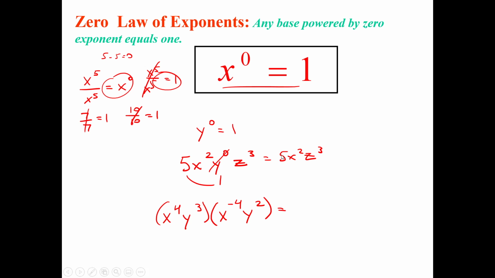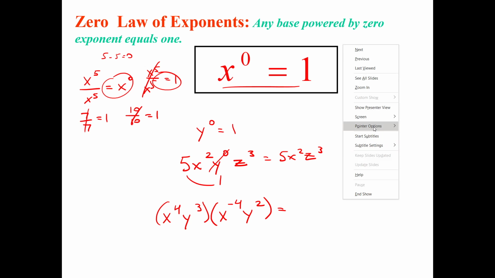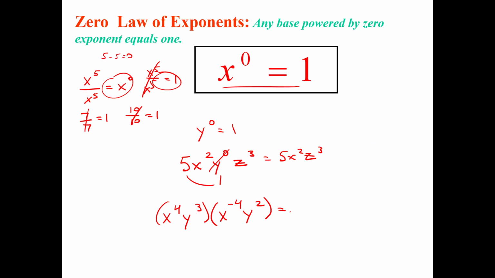That's going to give me x to the 0, because 4 plus negative 4 is 0, and y to the 5, 3 plus 2. But then again, x to the 0 is really just 1. So 1 times y to the 5th is y to the 5th, and we're done. So that's an easy property to work with.